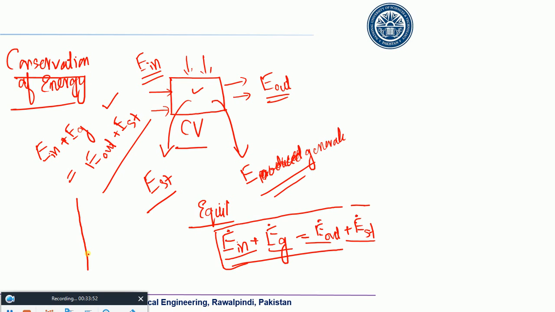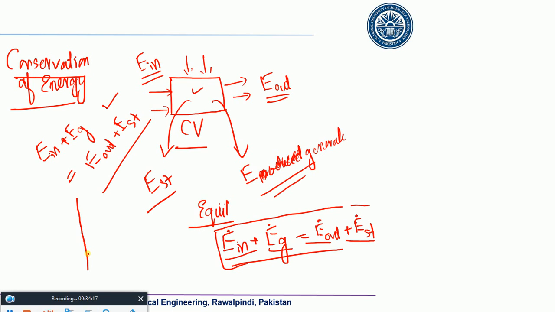Now just think and give me an intelligent guess. Would you be able to generate any kind of energy within that surface? Not at all. In surface, you don't have anything to place the source of energy, isn't it? There should be some space to place the source of energy. That's quite a common sense, right?